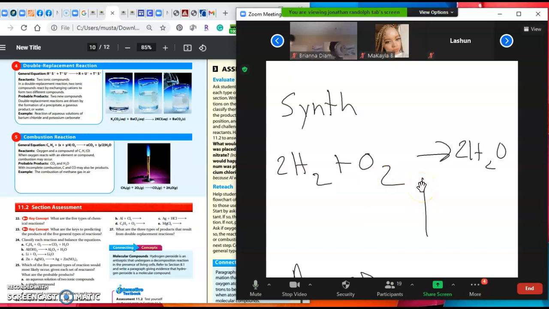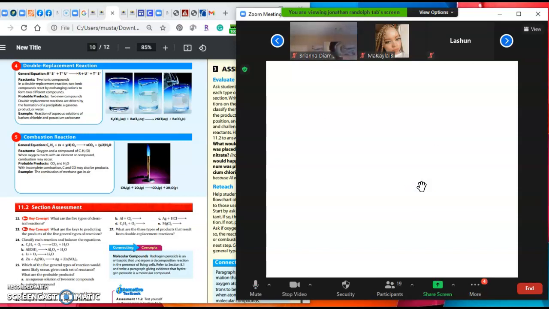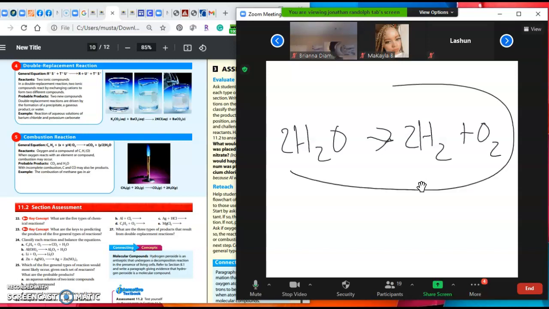That didn't show up on the bottom, did it? So once again, you start off with H2O, and the decomposition, what you end up with is H2 plus O2. And so with that being said, that's a decomposition.